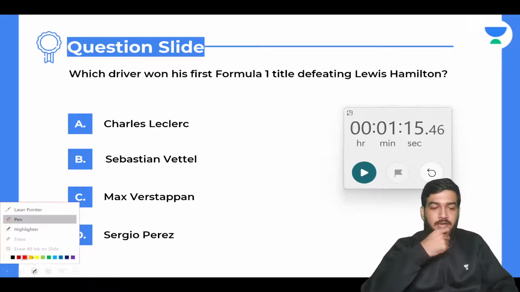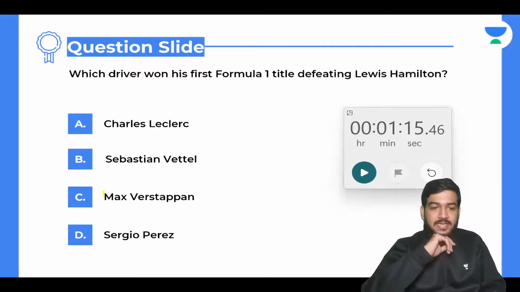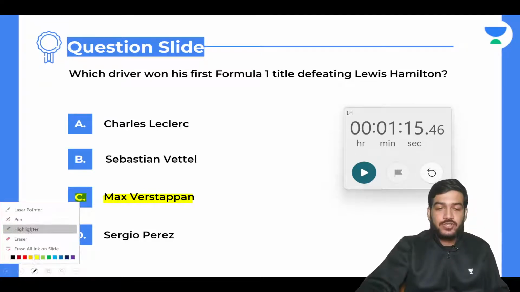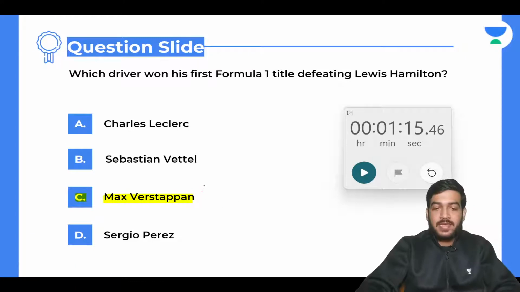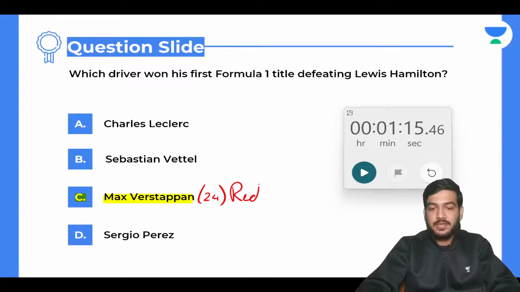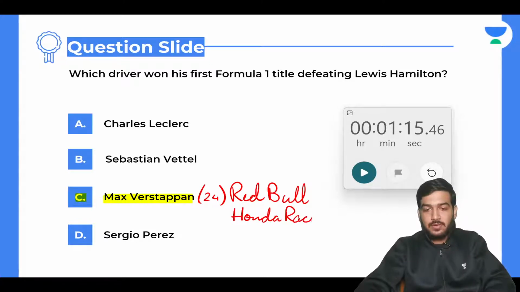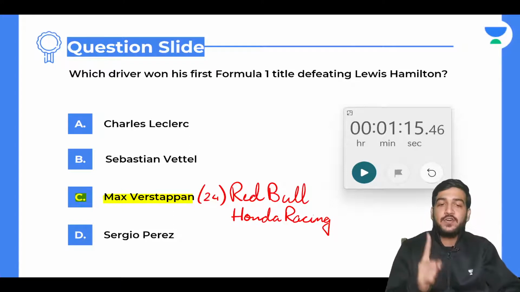Alright, the correct answer to this question is C, Max Verstappen of Netherlands. Dutch origin driver Max Verstappen, age 24, of Red Bull Honda Racing. He won his first title.